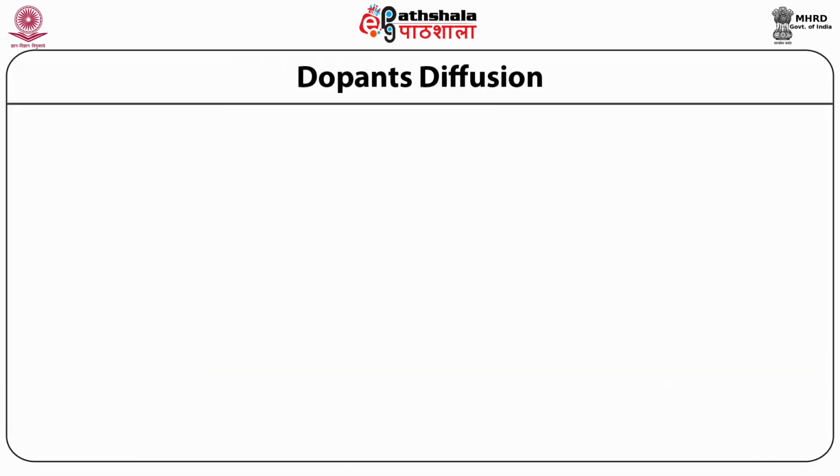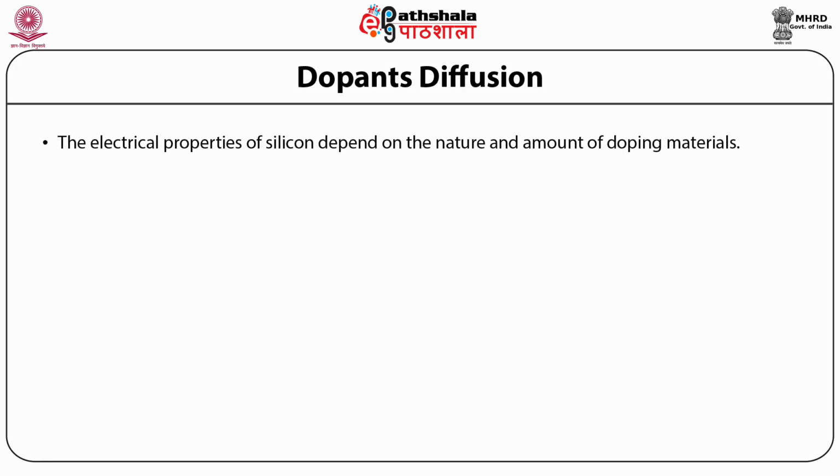Dopant diffusion. The electrical properties of silicon depend on the nature and the amount of doping materials. The dopants with suitable energy levels, better solubility, and appropriate diffusion constant are highly suitable for silicon. There are many dopants which can be used in the silicon crystal.